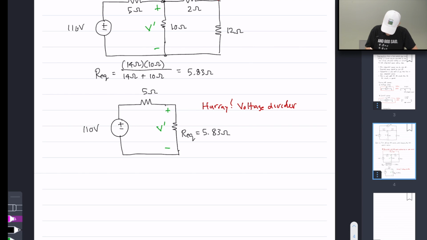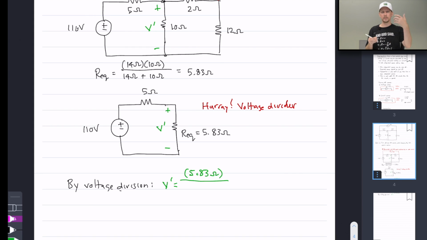So here, by voltage division, we do get that V prime is the R equivalent, 5.83 ohms, divided by the series sum of the 5 ohm resistor added in series with the R equivalent resistor.